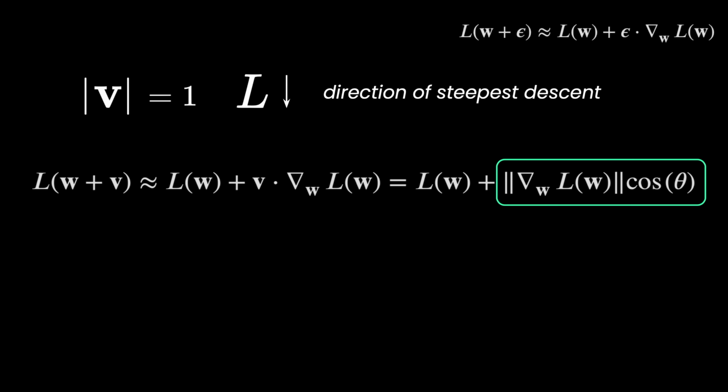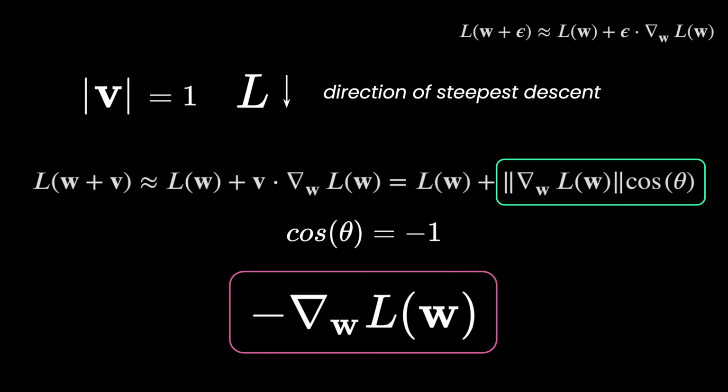If we want to find the direction that decreases L as fast as possible, we would have to make the expression as negative as possible by making cosine of theta equal to -1. And we'll see that the steepest descent points in the direction of the negative gradient.